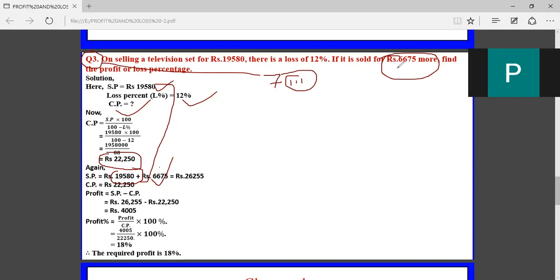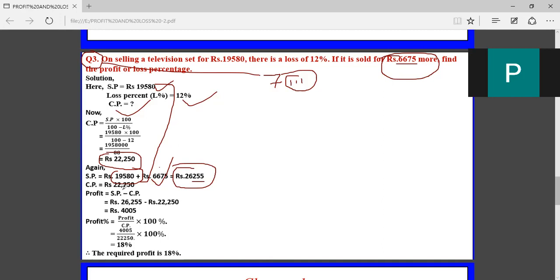Look there, again 6,675. If 6,675 is taken more, whether there will be profit or loss. That means in the previous selling price, we have to add 6,675. Okay. Then it came to 26,255, right?